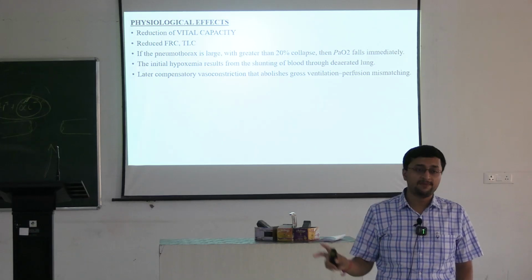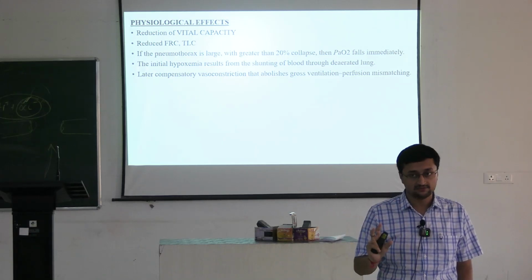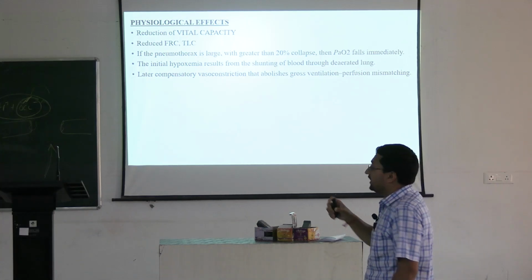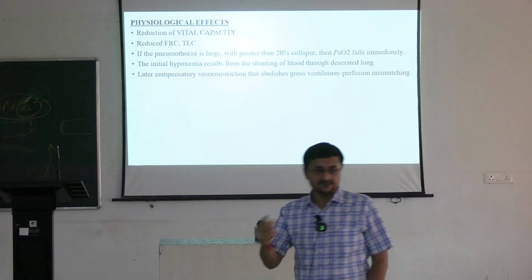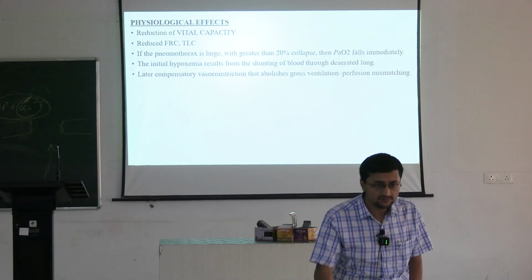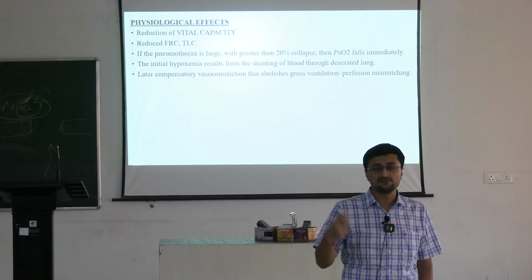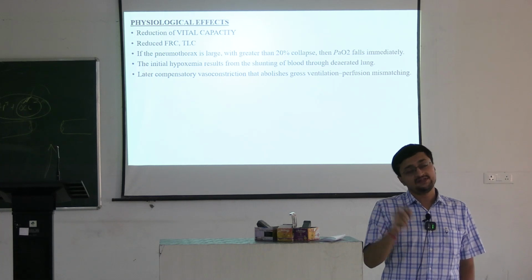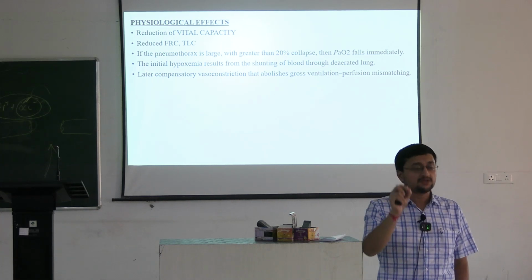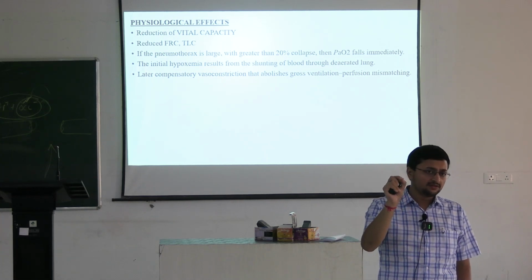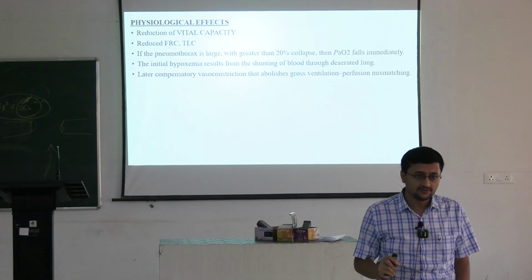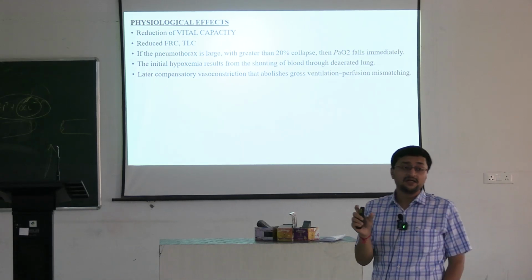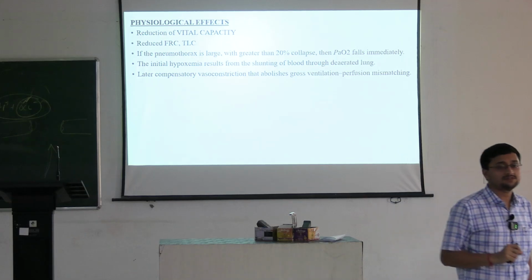There is no pathology in the underlying lung, right? So initially, when you query more about the history, you should ask the patient in detail about the history, then the patient may tell that one day I had a little breathlessness, then it went away by itself. So that is the typical clinical feature of the primary spontaneous pneumothorax.